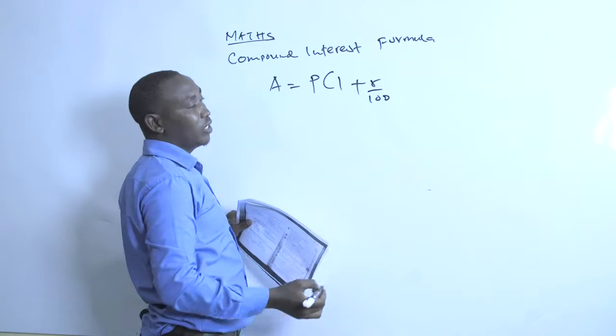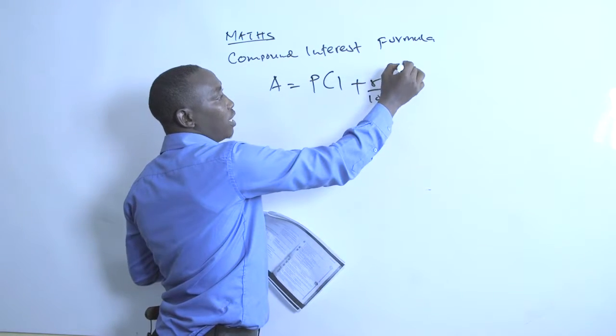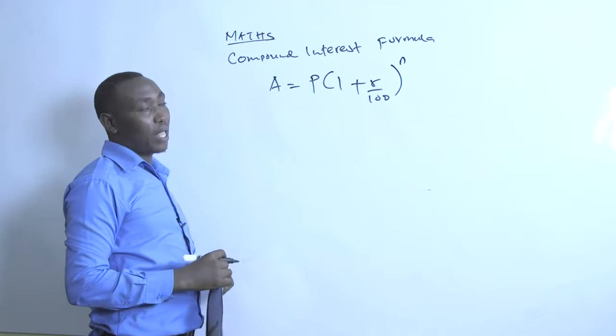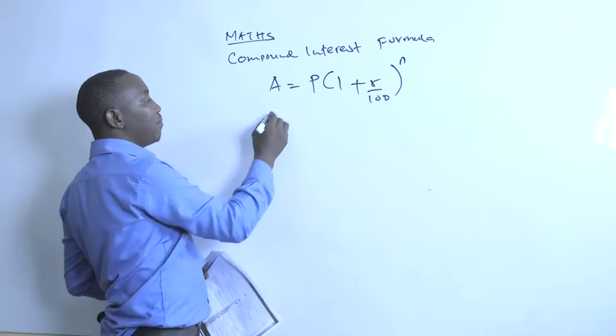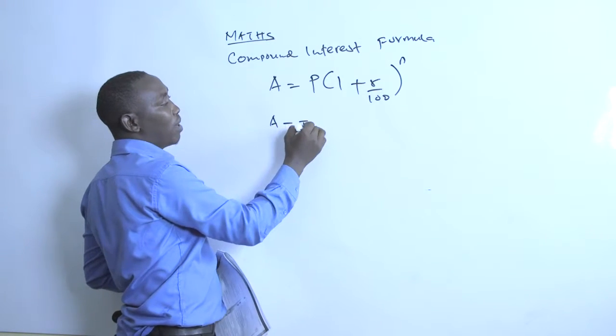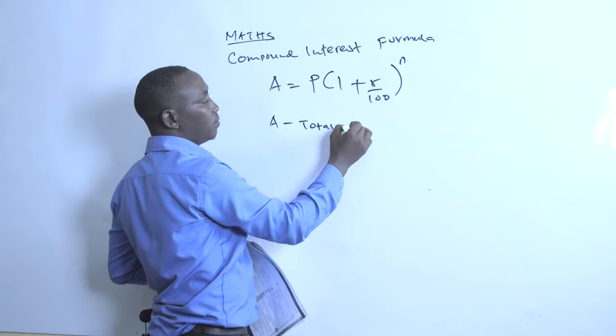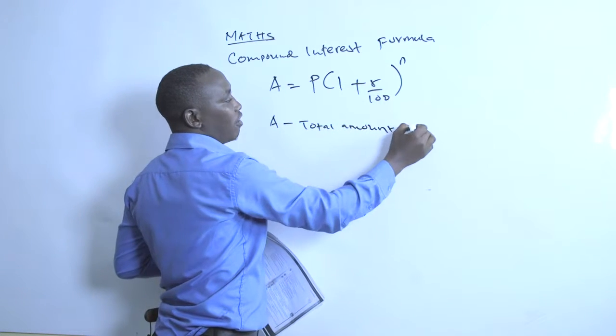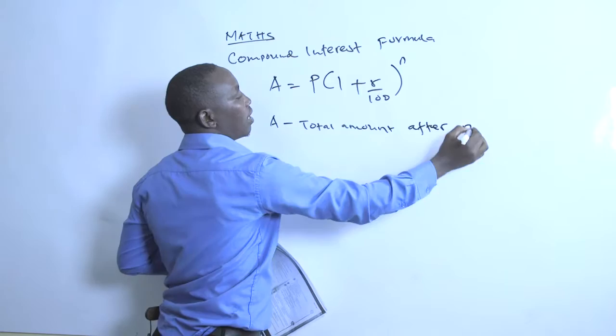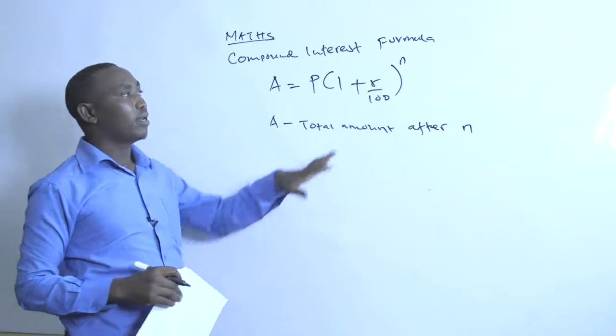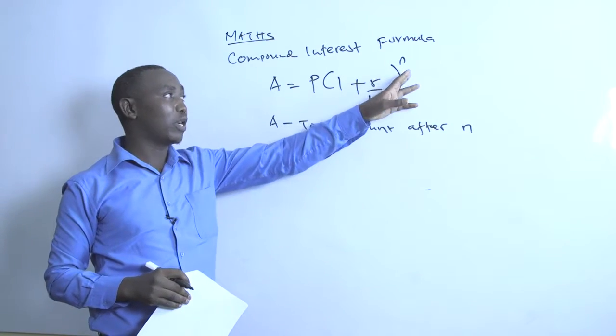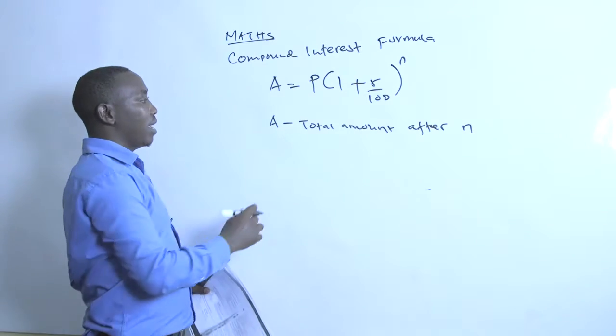which can be generated and simplified to amount is equal to the principal into 1 plus the rate all over 100, or as a decimal, multiplied, all these raised to n. So this acronym M stands in for the total amount after n financial periods or interest periods.